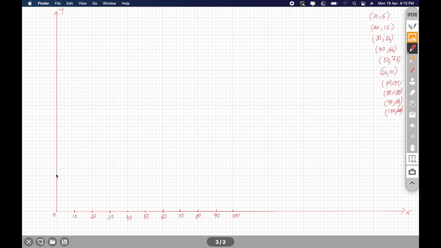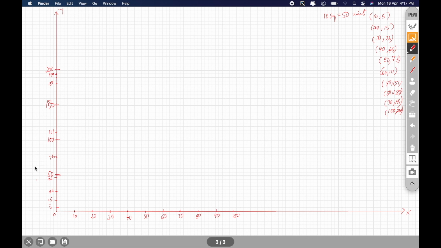And next, if I consider 10 squares as 50 units in the y-axis, that is 1 square as 5 units, then we have 50 here, 100, 150, and 200. 194 is somewhere here, and finally 200.